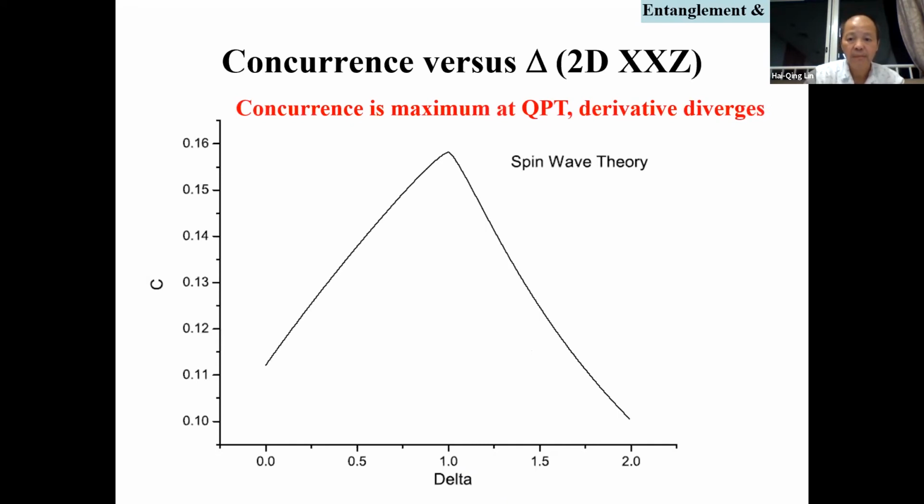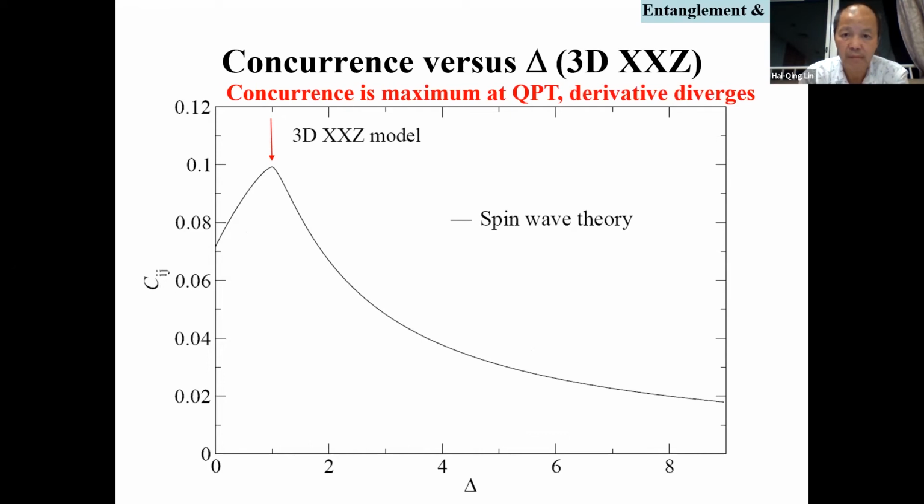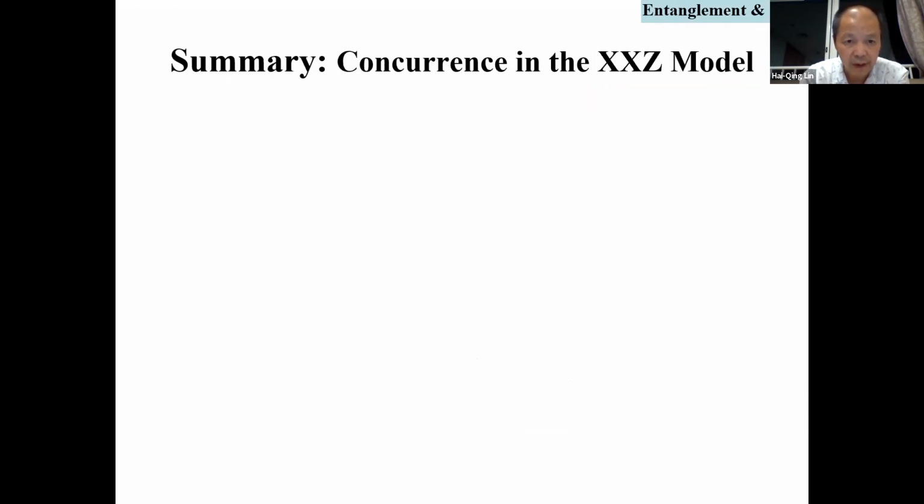For 3D, we cannot do exact diagonalization calculations, so we do spin wave theory, and you see that again the concurrence reaches a maximum at the phase transition point, and its derivative diverges because it is not continuous there.